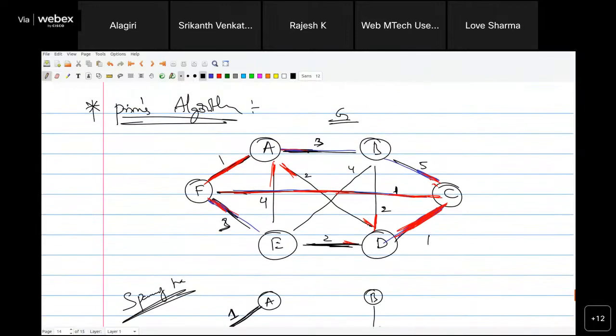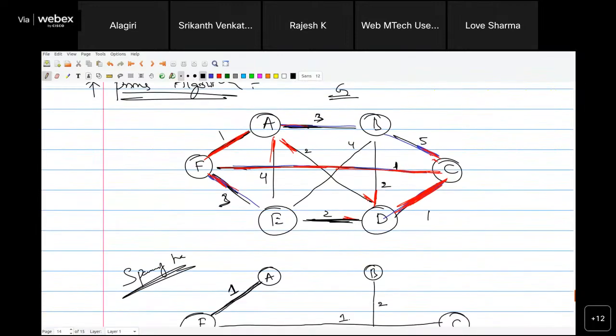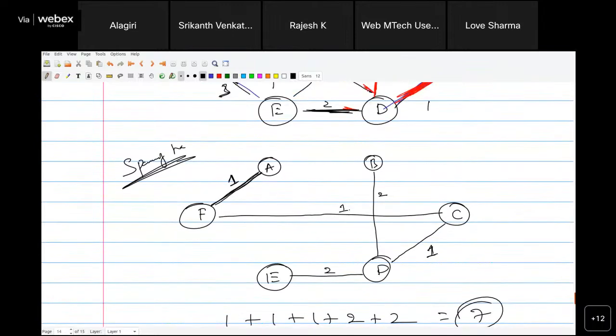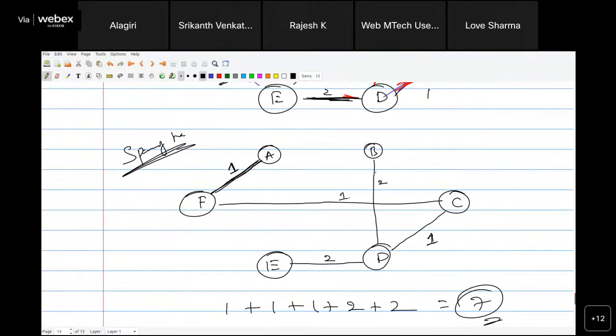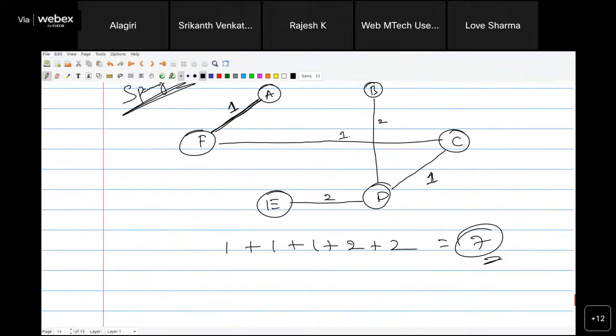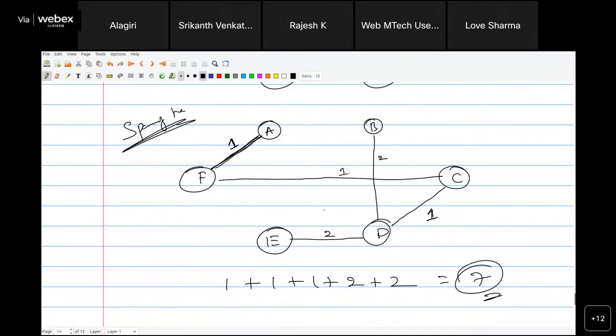So if this is 2, okay. So this is one spanning tree, and I can draw one more spanning tree.